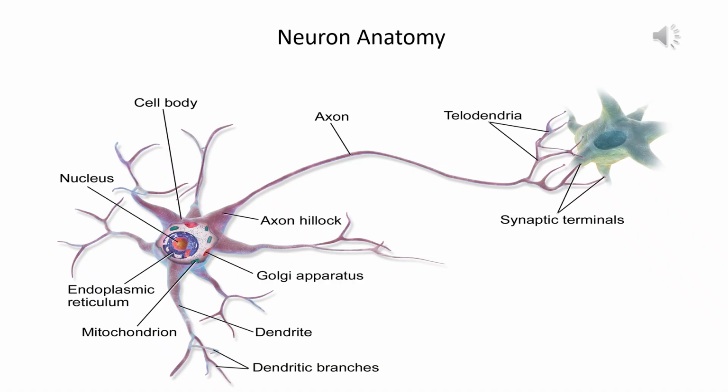Remember that the cell body, at UCA, we would call the cell body of a nerve cell the soma. Inside that, we have a large nucleus, usually a visible nucleolus. The endoplasmic reticulum of nerve cells is compartmentalized into little box-shaped groups.